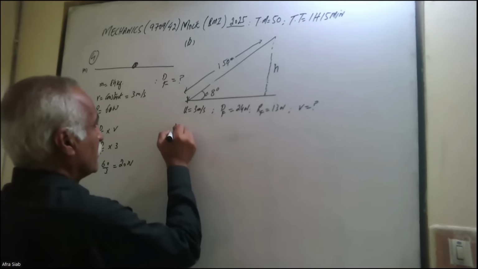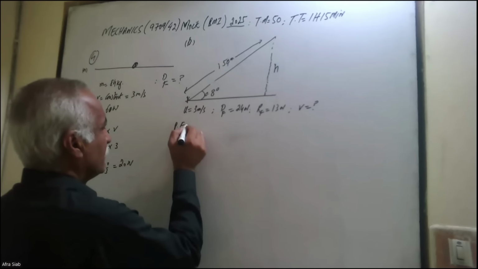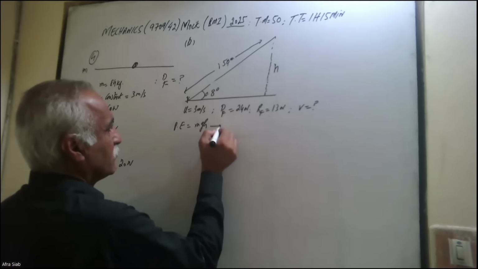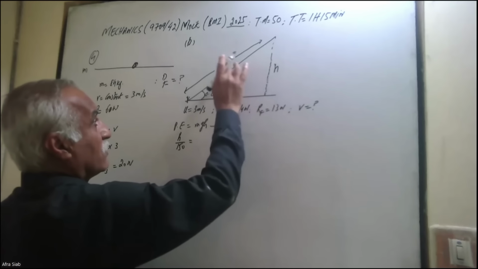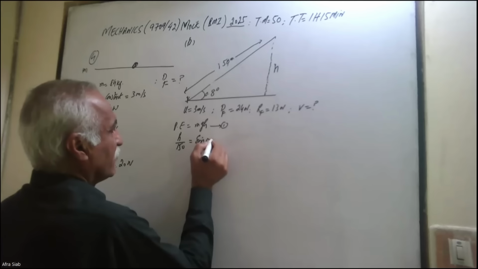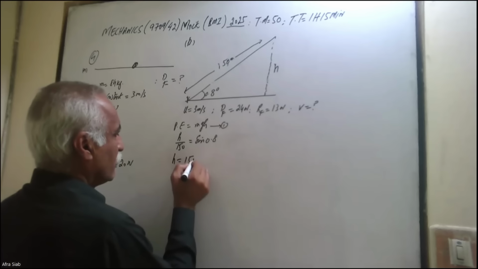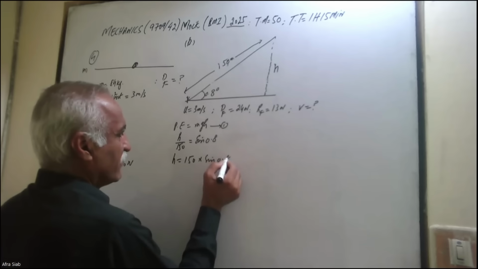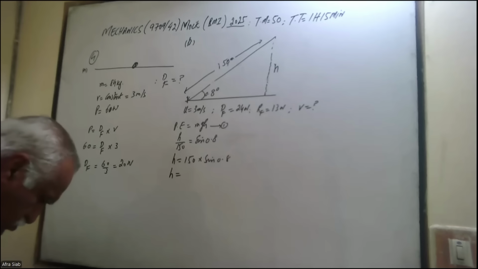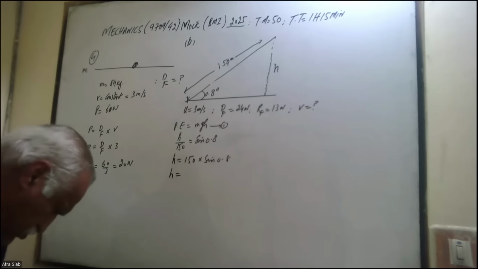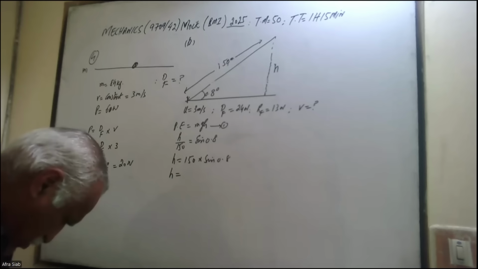Potential energy is equal to mgh, where h over 150, perpendicular over hypotenuse, is equal to sine of 8 degrees. So height is equal to 150 into sine of 8 degrees, and that value is equal to 2.09.